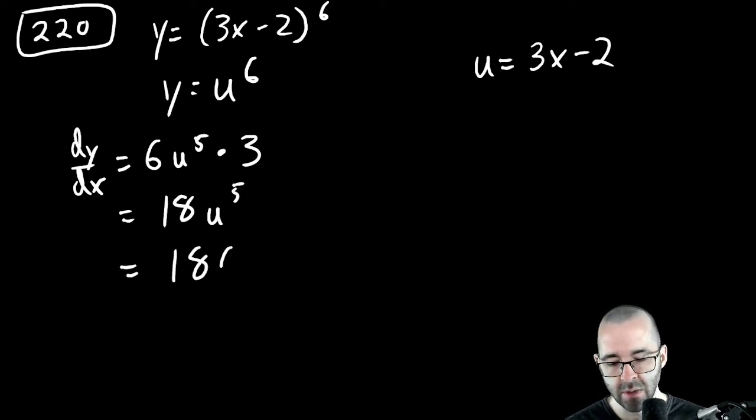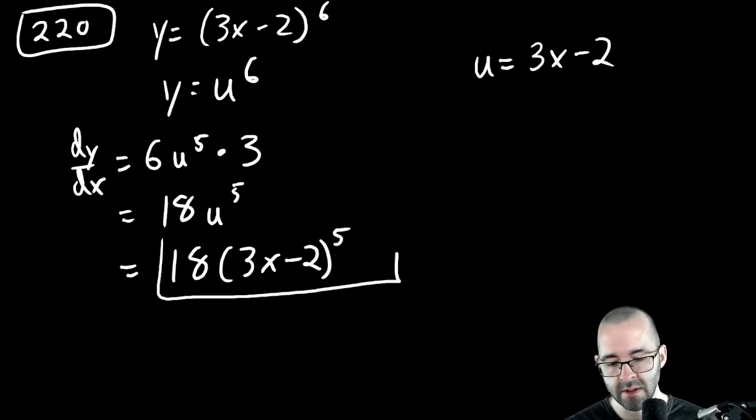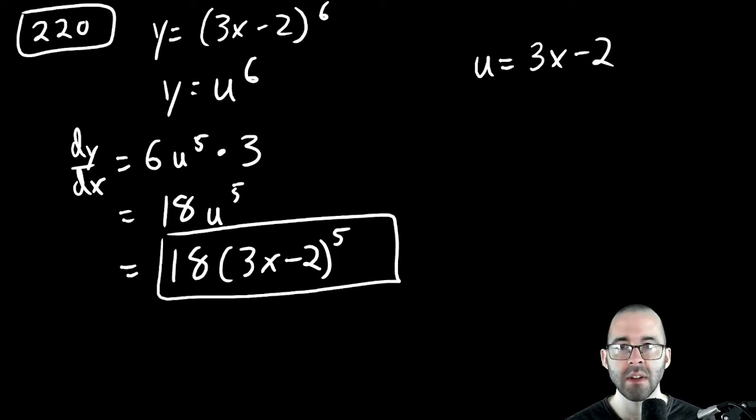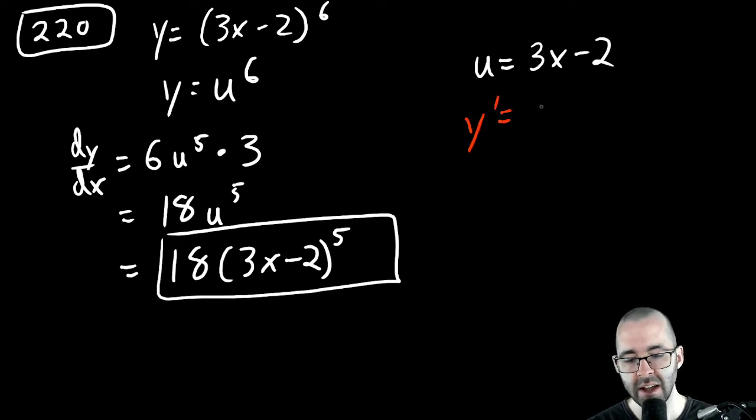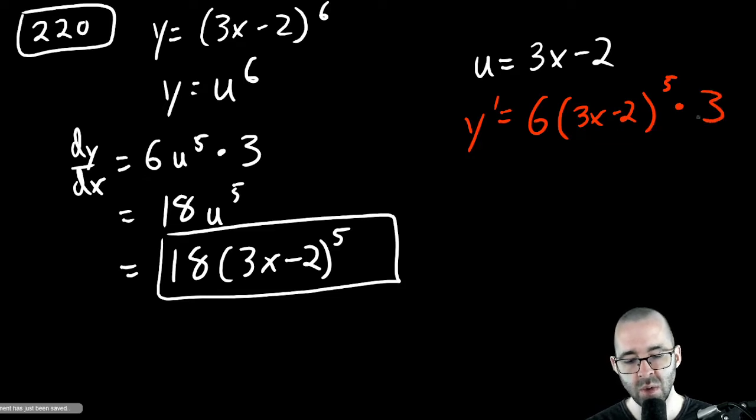U is 3x minus 2. This is our derivative. And again, you can check your answer by using the red method. Red method says take the derivative of the outside function and leave the inside alone, and then multiply by the derivative of the inside function, which is 3. That should get you to the same answer.